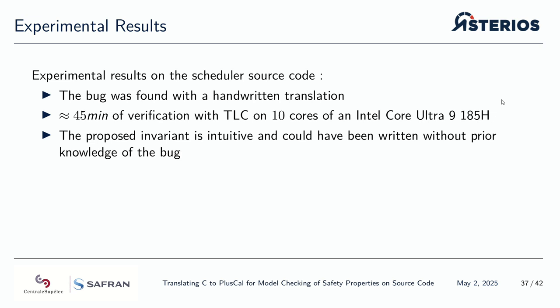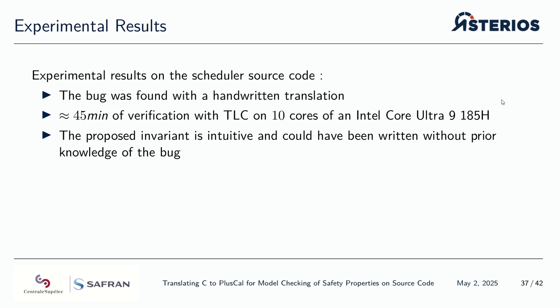As I said, the tool that we developed was part of a 5-month internship, and it was not the main subject of it. So we didn't have a lot of time to develop it. So the tool is at this time very incomplete. It cannot be used on the whole scheduler source code to generate a working PlusCal verification.